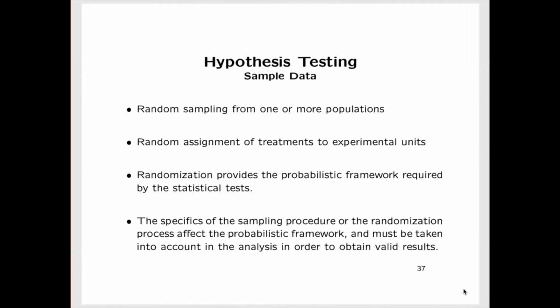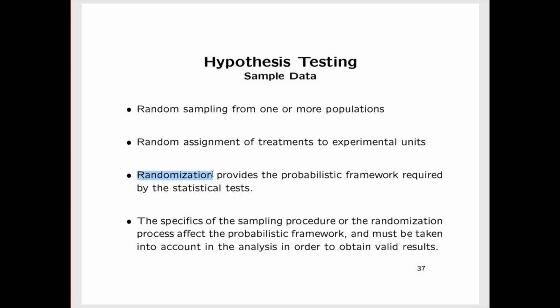The next component of a hypothesis test is the sample data itself. That typically involves either a random sampling from one or more populations if you're in a sampling context, or the random assignment of treatments to experimental units in an experimental type of situation. Again, you'll notice that in each of these two situations, we see the words random sampling and random assignment of treatments to experimental units.